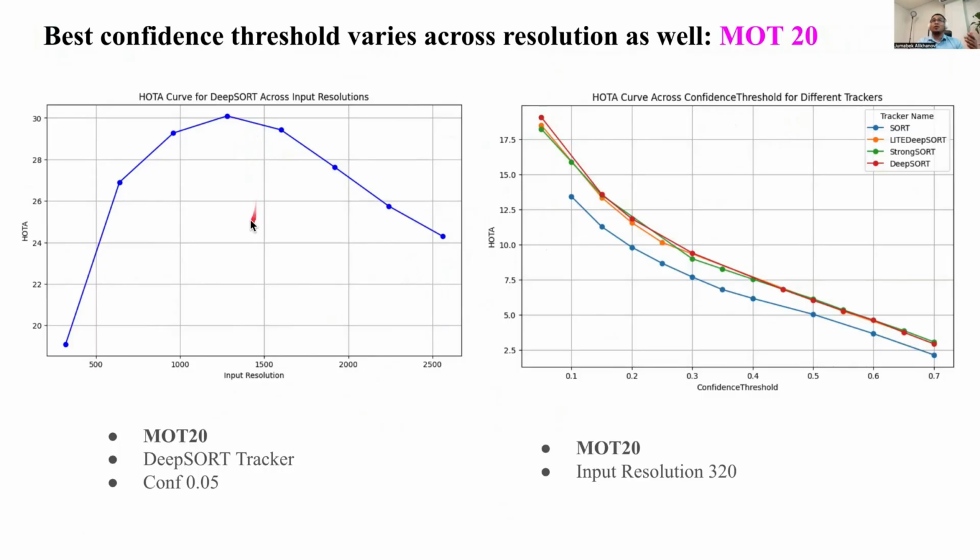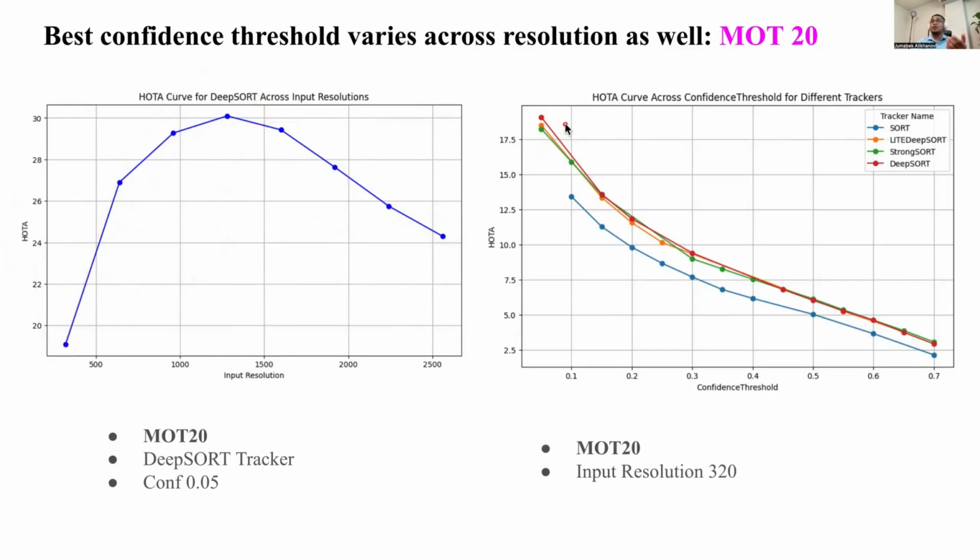The same thing goes for optimal input resolution. If you see here, maybe something like 1400 is the optimal input resolution for MOT20, right? But if you go too small or even too large, it is still not good because HOTA suffers. So these are the factors affecting the final performance, right? And if you can see, they are affecting it significantly.